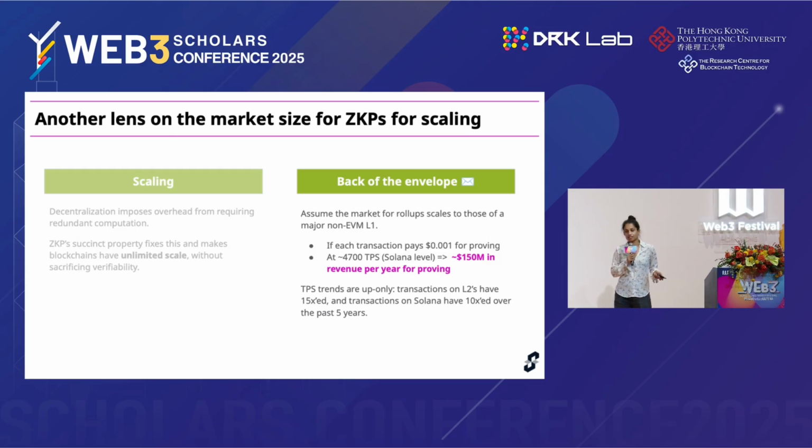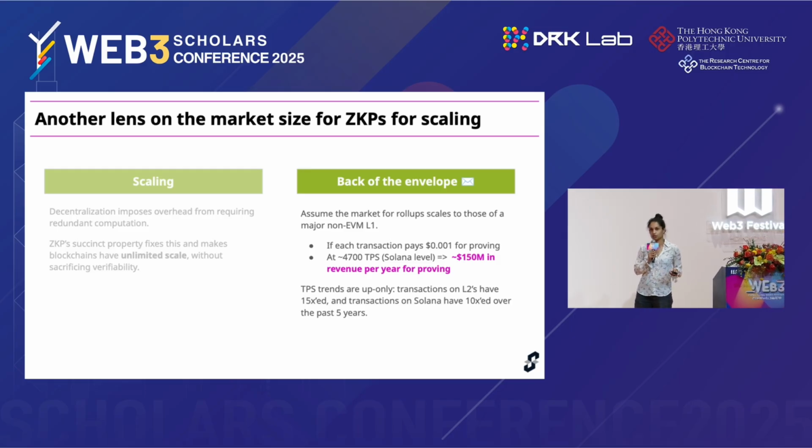And that's not even counting the fact that transactions per second are only going up. For example, transactions on L2s have 15x'd over the past 5 years, same with Solana. So you can imagine that ZK gets cheaper and cheaper, transactions on these ZK rollups go up more and more, and that ends up being a very substantial amount of revenue devoted towards proving.